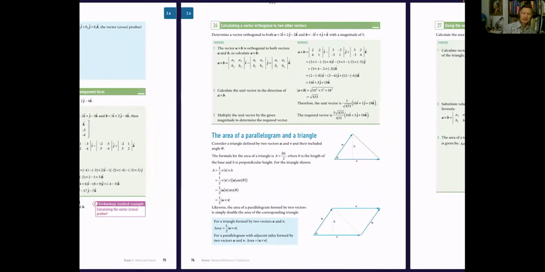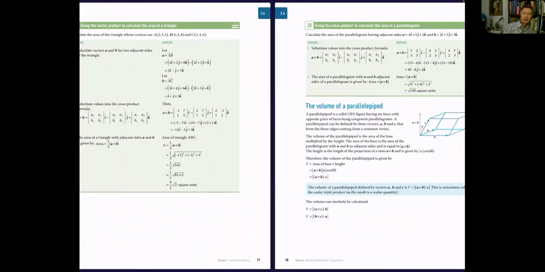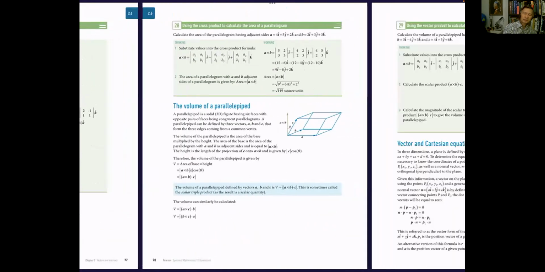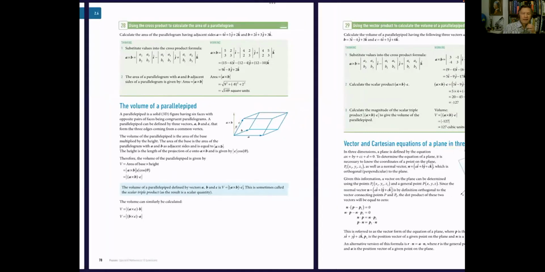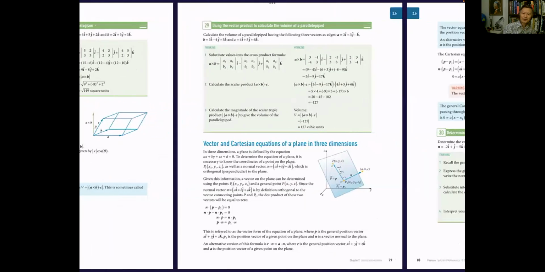So this chapter is a bit of geometry and a bit of linear algebra. You have to get familiar with this 3D diagram. In 3D, you have to get familiar with how to determine the direction of this plane.